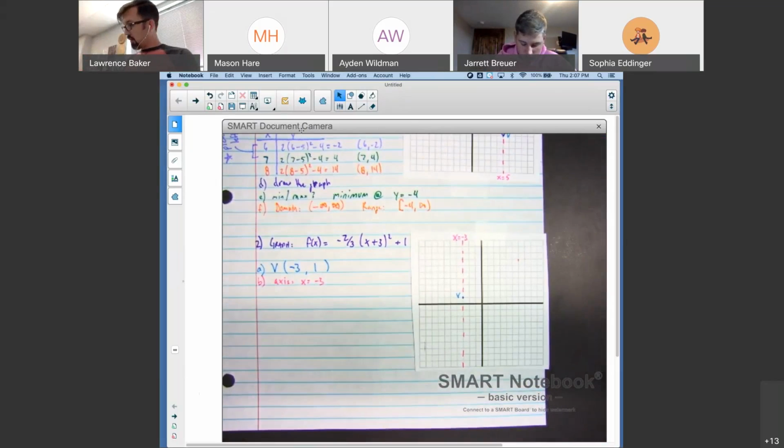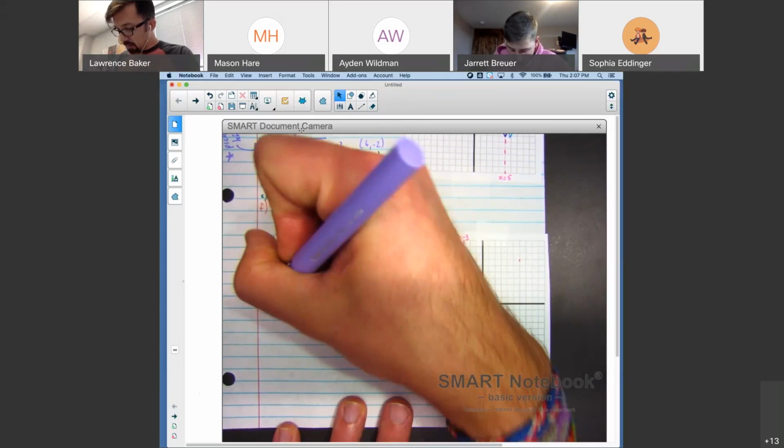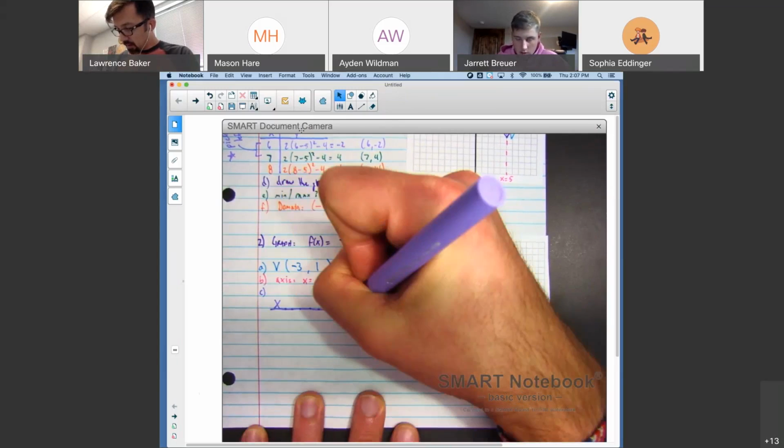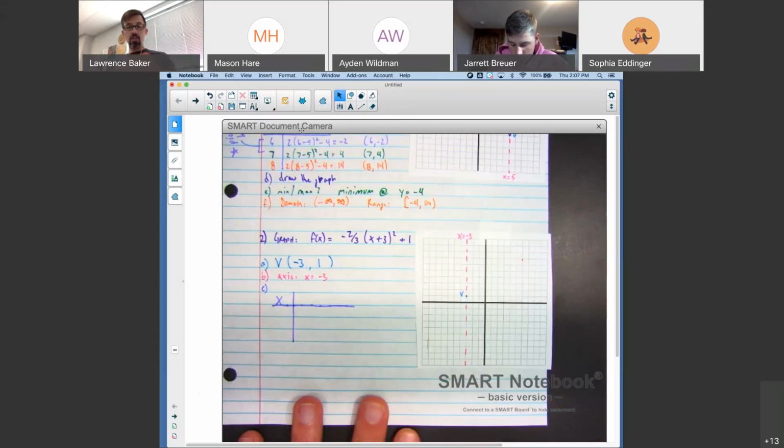And then from there, we need to find points. All right, so set up your little T-chart or whatever you're doing to do that. So what values should we pick for those x's?